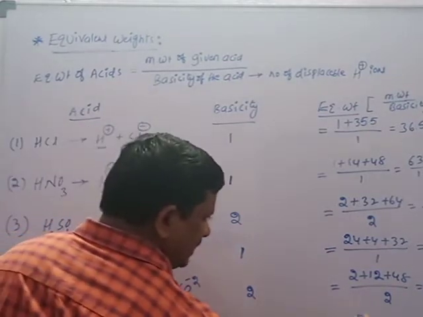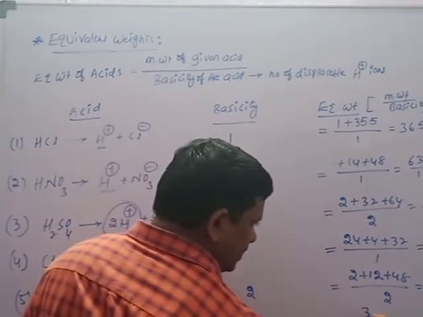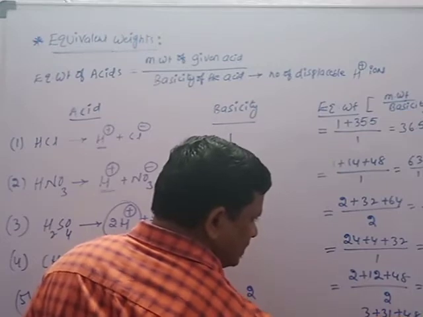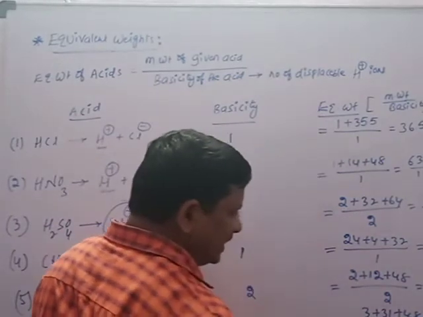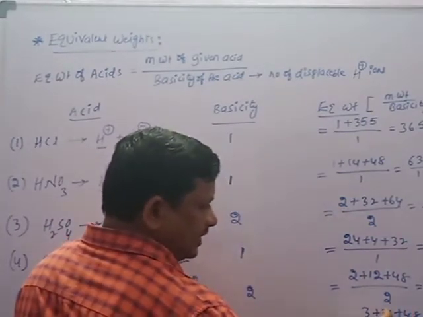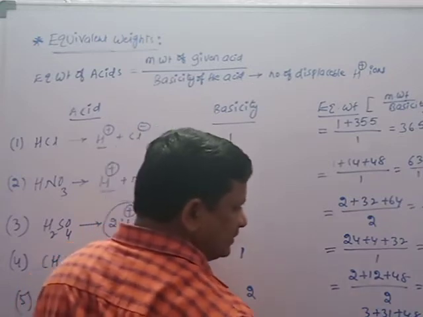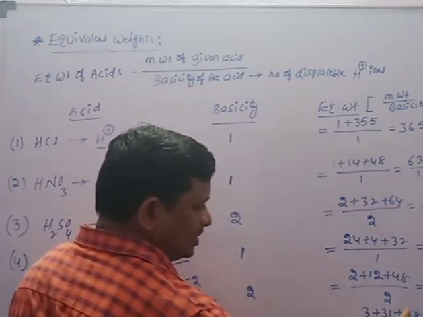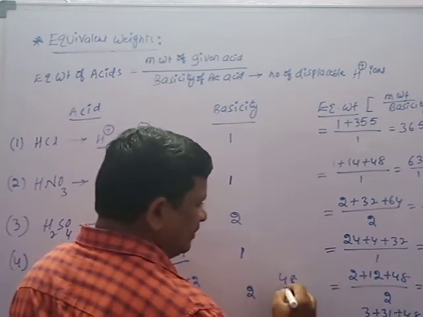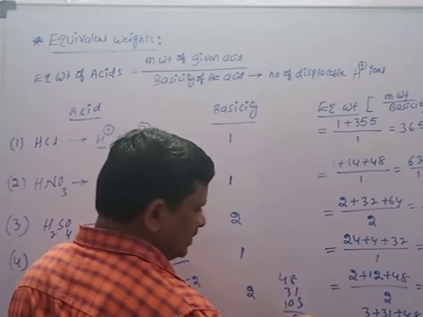So now the equivalent weight equals H3, 3. Phosphorus 31. 3 oxygens, 48. So then H3 is 3, phosphorus 31, 3 oxygens 48, divided by basicity, how much? 2. So 48 plus 31 plus 3 is 82.